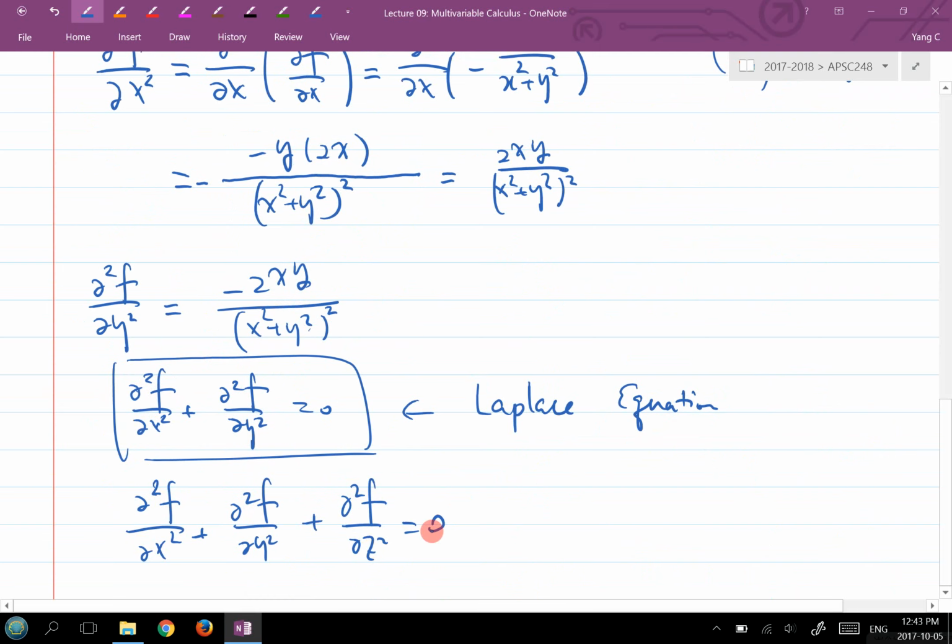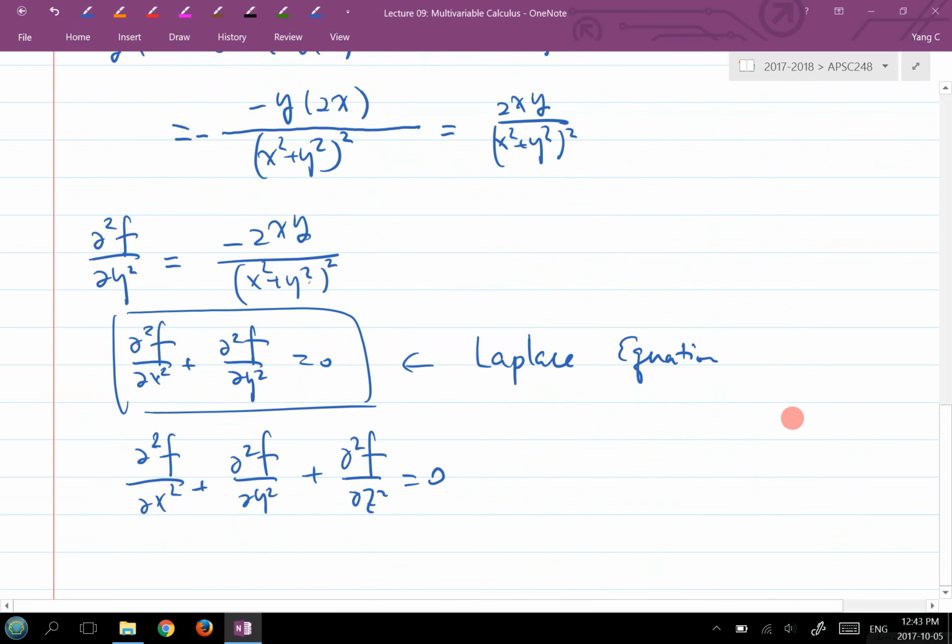So that's the 3D format for the Laplace equation. Later when you learn heat transfer, fluid flow type of topics, wave propagation, or even in physics, quantum mechanics, you will see the Laplace equation. So it's a very interesting equation.